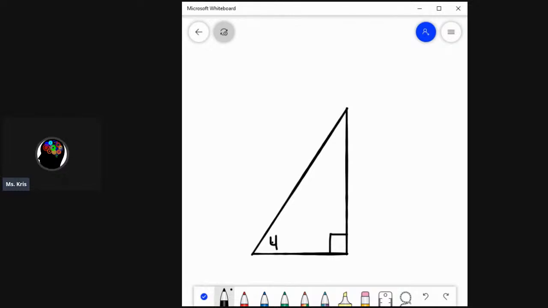And the right triangle has two 45-degree angles, which means more than likely it's an isosceles triangle. Because if you have two angles that are equal, that means you have two sides that are equal with the hypotenuse.